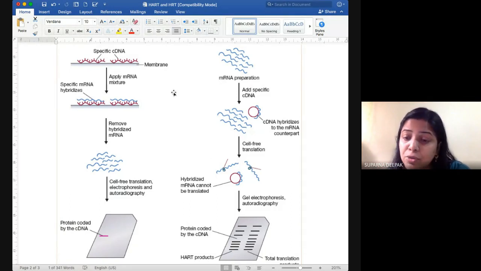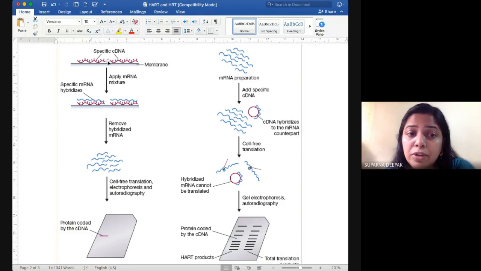You know which is your protein of interest, so definitely you know which cDNA would be producing it. So you take that specific cDNA, which is complementary to your mRNA of interest. On your nylon membrane, that cDNA is going to be bound.